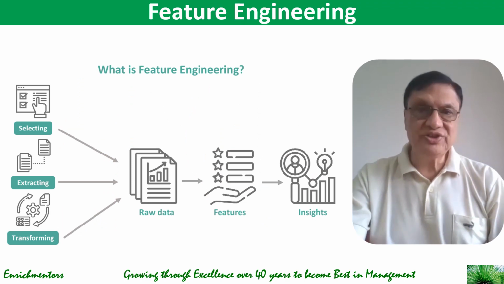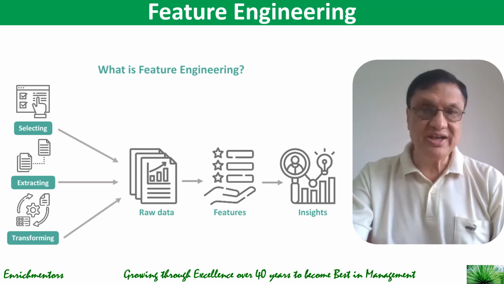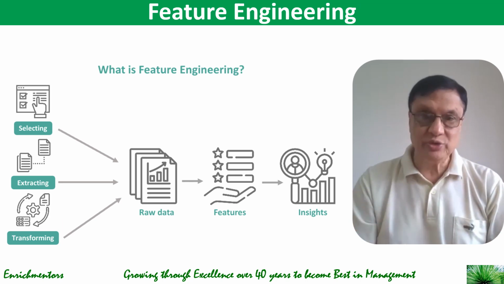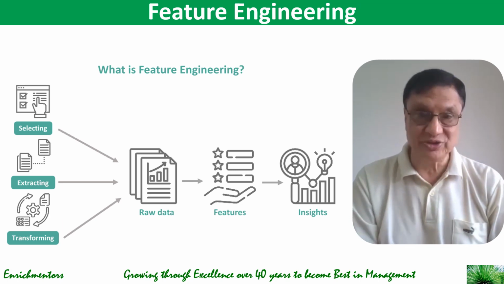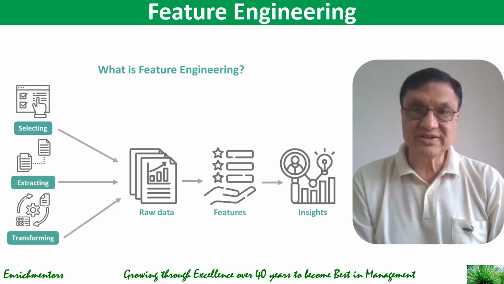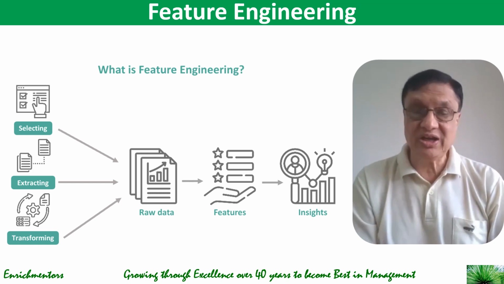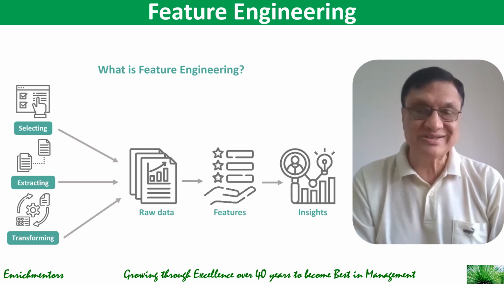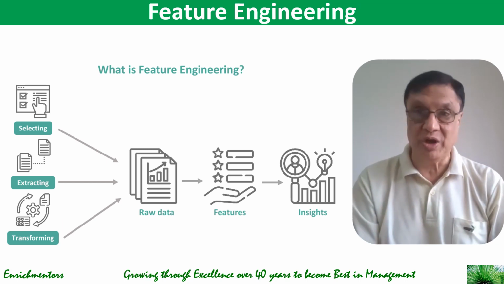Then you need to do feature engineering, in which you create new features. Features are the variables that provide you insights from the raw data, as you see here. So you need to create features or transform existing ones to enhance the predictive power of your models. So the predictive power of a model is entirely dependent on what are the variables or features that you are bringing into the model.